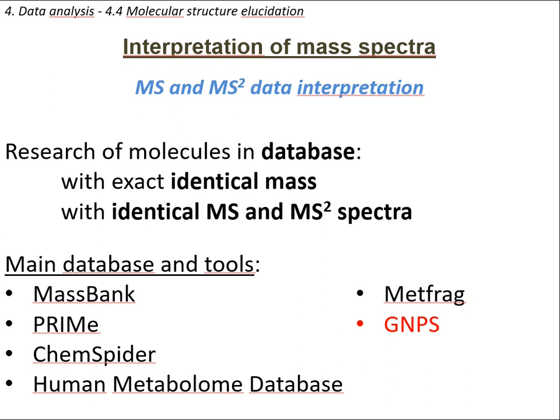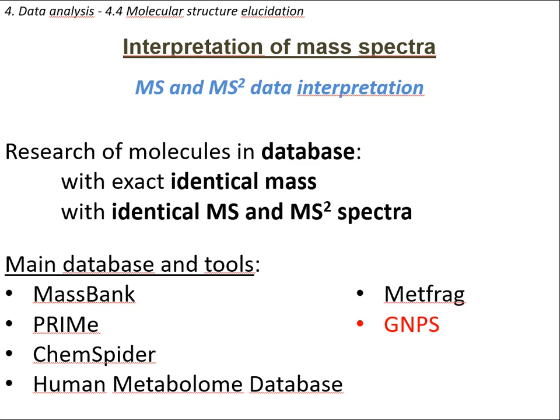So first, of course, you will use databases to find molecules with the same identical mass, and also with identical MS and MS2 spectra. Many databases are available. None of them is perfect. It's always a matter of reflection also. You need to think about your molecules and the options, and maybe sometimes use the literature to have a firm opinion about the identity of your biomarkers.